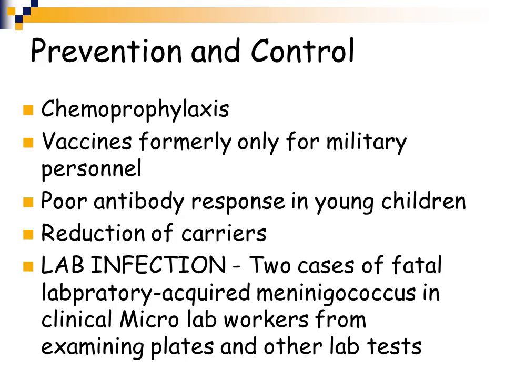There is a poor antibody response in young children, but in young adults and adults, there is a very good antibody response, and vaccination is highly effective. Reducing carriers by chemoprophylaxis, first identifying the carriers and then treating them, is another way to prevent infection.